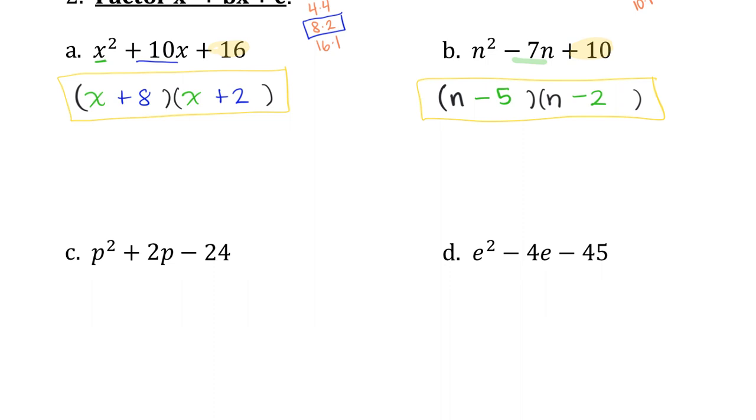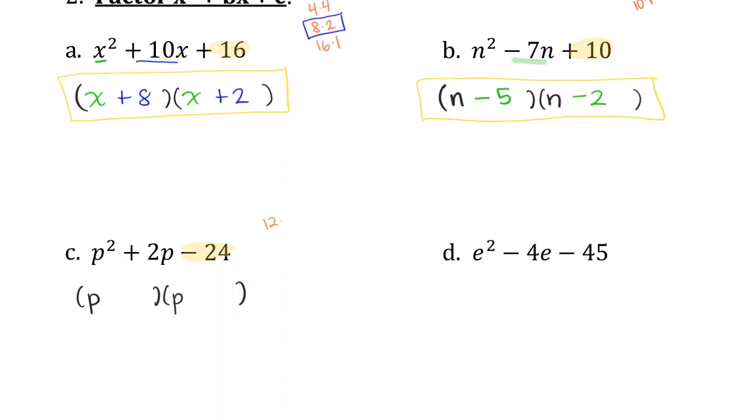Let me keep going. You can do these in your head. You don't have to list out all the numbers. Okay, let's see. This is a -24, so I need a positive and a negative. Just be careful with that. This is a positive here, so the bigger number is going to take the positive.